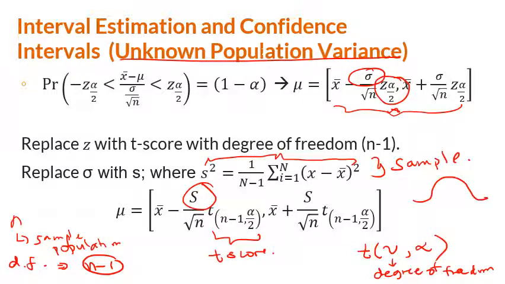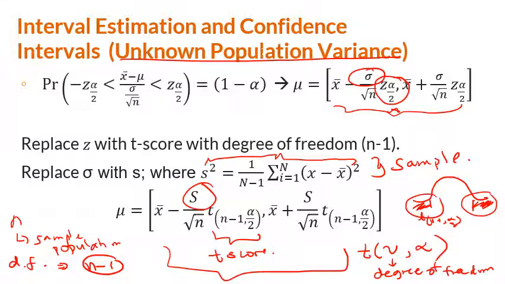So, kung ito yung T n minus 1 alpha over 2, same din yung value dito sa kabila. So yung left tail tsaka yung right tail symmetric. So parehas yung value. So this is your confidence interval.